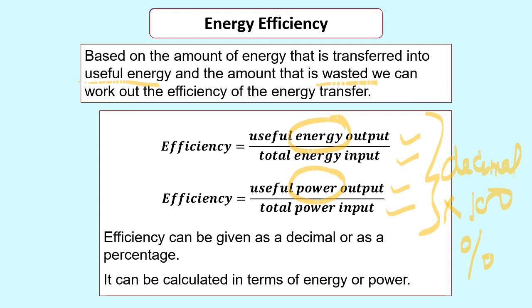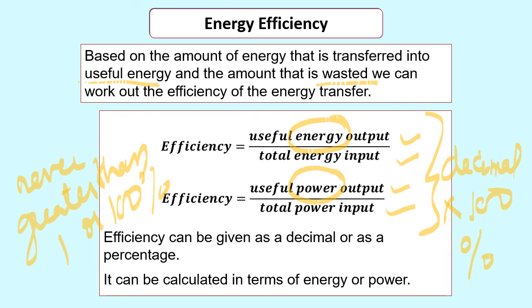Okay, but what you need to keep in mind is efficiency will never be greater than 1, or it will never be greater than 100%. So whenever you're doing any calculations and you're getting the efficiency, before you multiply it with 100, as 1.78, or after multiplying it with 100, you're getting the efficiency as 200%, then you don't even have to think twice. 200%, you have gone wrong there.